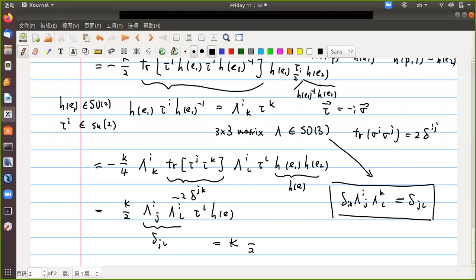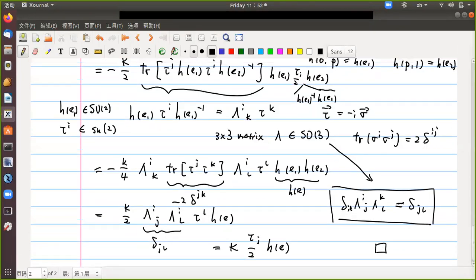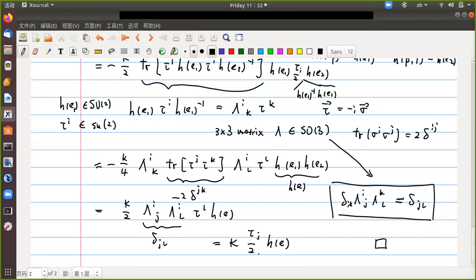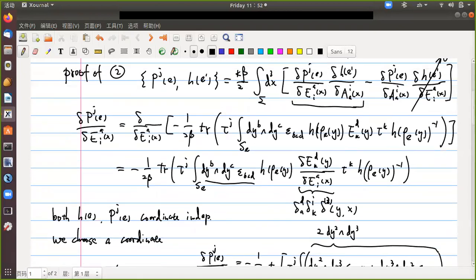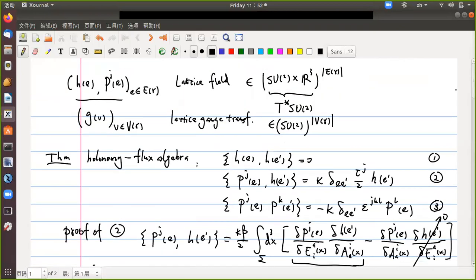It equals kappa tau J over 2, and then HE. And you compare with the theorem you got before, and you find it's exactly the same. Kappa tau J divided by 2, and then HE.